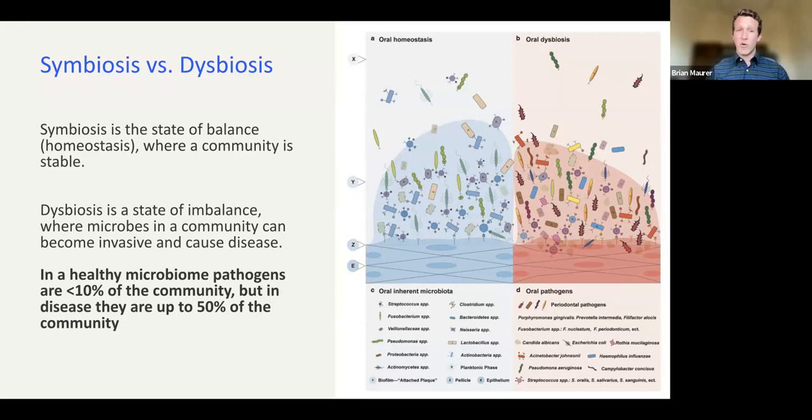In a healthy mouth, we typically see pathogens are only about 10% or less of the total community. But when we see it shift towards a disease state, this is where we can see the pathogens take up almost about half of the microbiome, or constitute half of the community. So a rapid shift in that community balance.